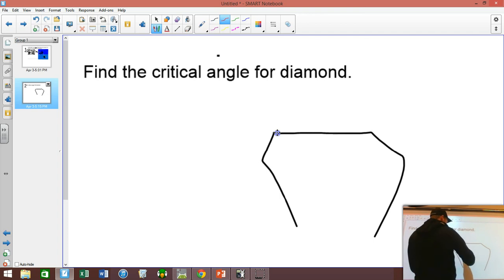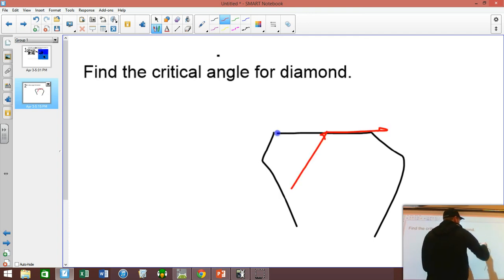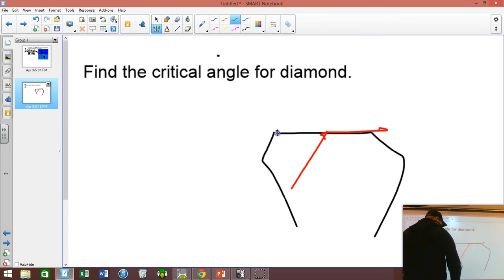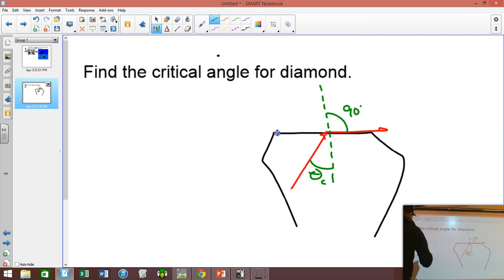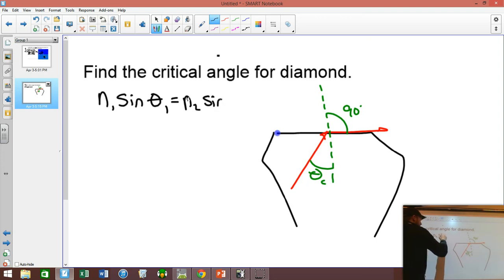And we've got a ray hitting the surface, and then it goes along the side, because that's what the critical angle actually is. We're looking for this critical angle, but we know that this is 90 degrees. So we're just going to use Snell's law. N1 sine theta 1 equals N2 sine theta 2.